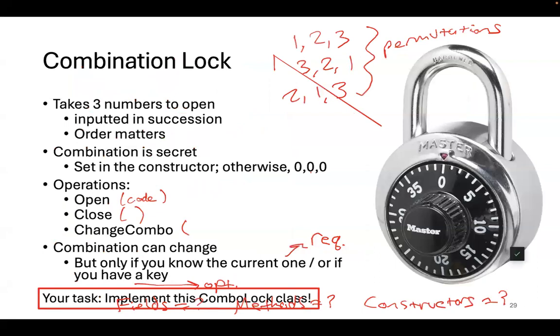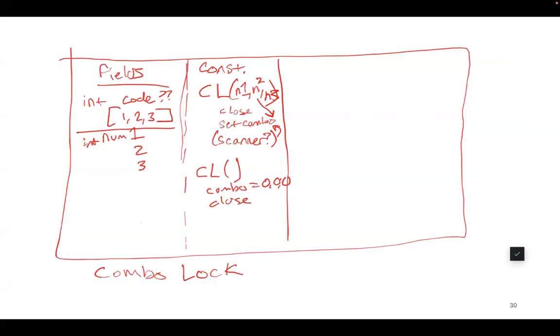All right. So I'm okay with the constructors. I'm okay with the fields so far. Operations. If we want to open the lock, how do we want to get the code in order to open the lock?